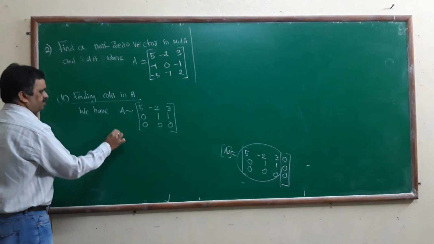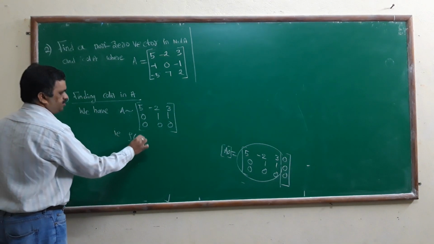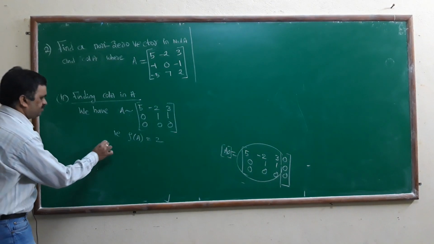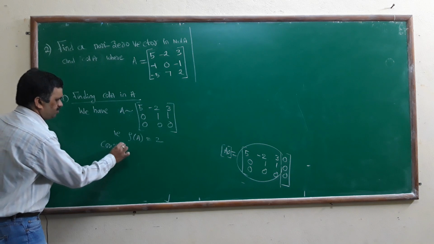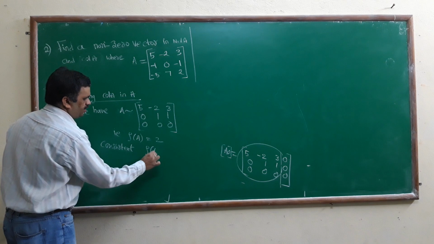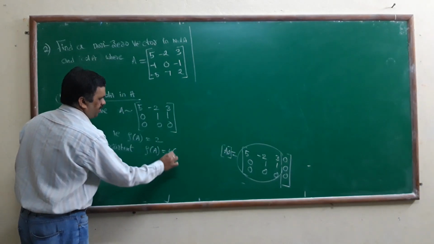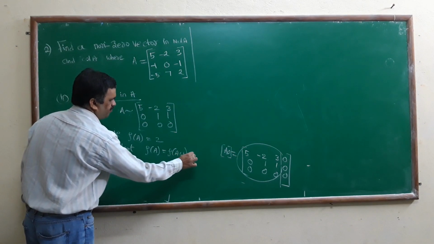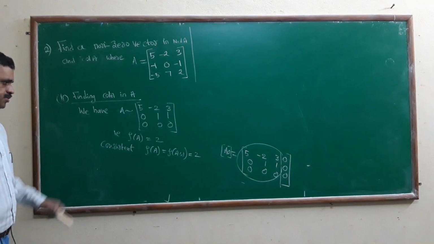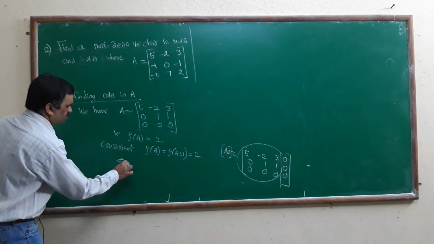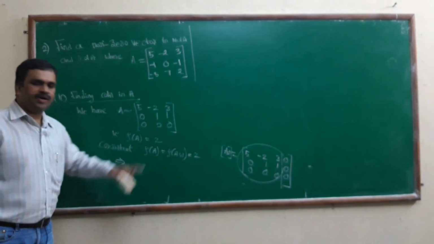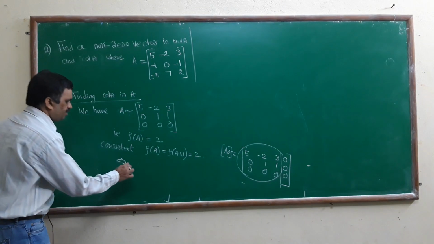That is rank of A equal to 2. In order to say it is consistent, I have to say rank of A equal to rank of Aw. Rank of A equal to rank of Aw is equal to 2. Already we have A. I have to write w. So once again I am writing Aw.